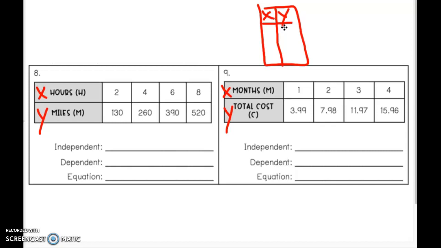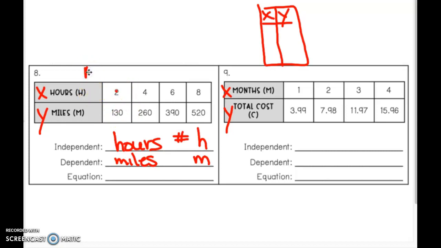All right, independent is hours, h. Dependent is miles, m. And if we were to write an equation, if we took the hours, what would we have to multiply it by to get miles? So 130. So what would 1 be?